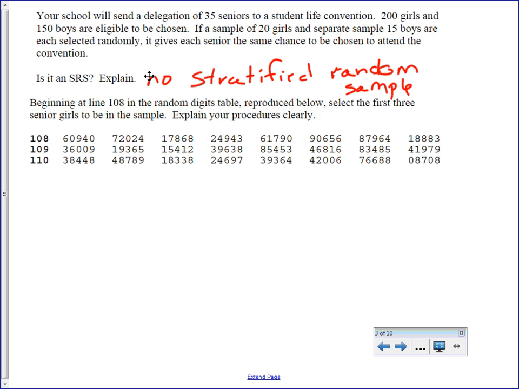So beginning at line 108, what we're going to do is select 3-digit blocks.